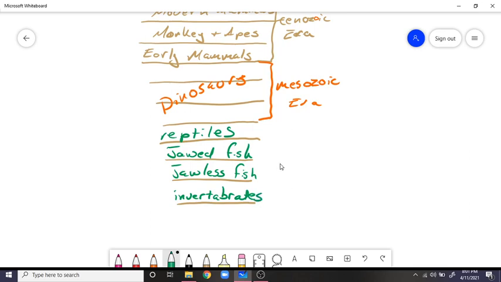So these are our first insects and whatnot. And this is the Paleozoic.